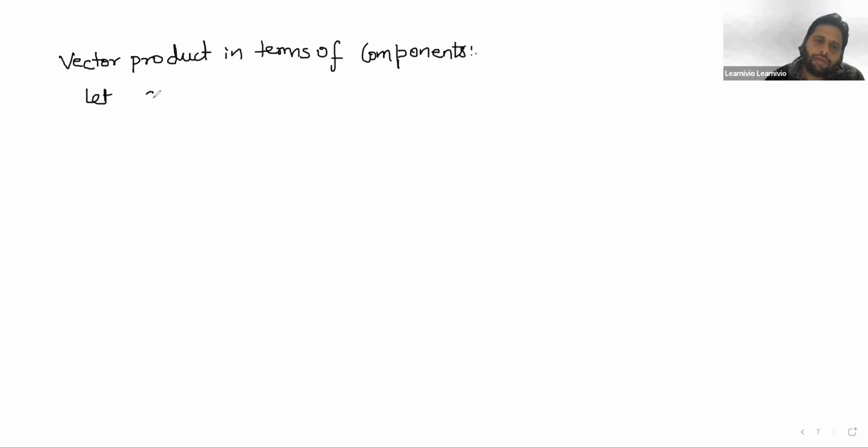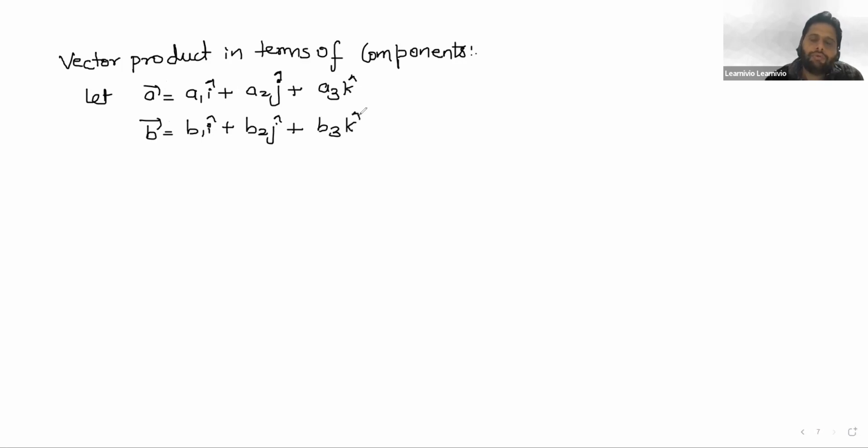Suppose you have a vector A1 I cap plus A2 J cap plus A3 K cap. You have another vector B which is B1 I cap, B2 J cap, B3 K cap. You have two vectors. You need to find A cross B. How can you find it?